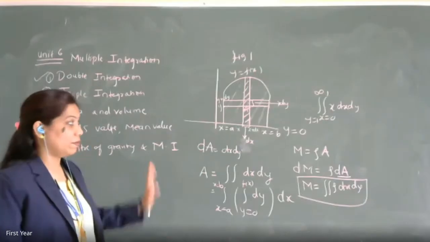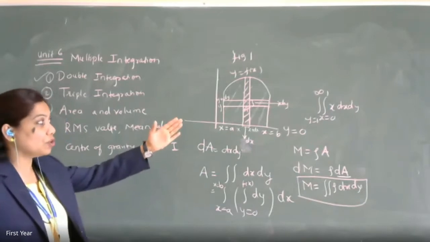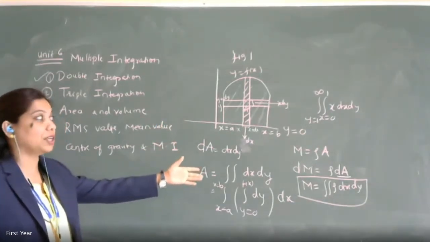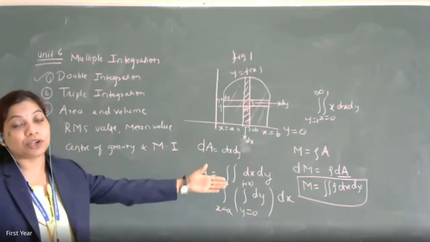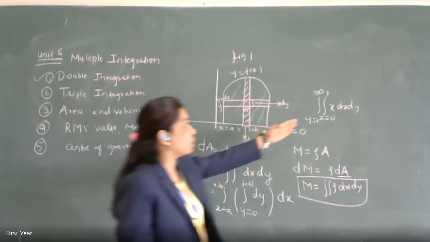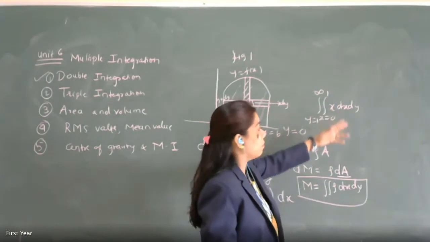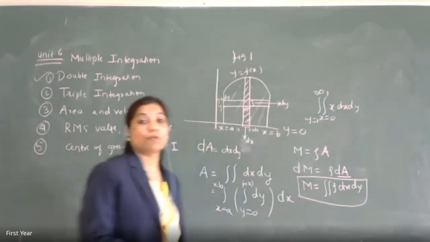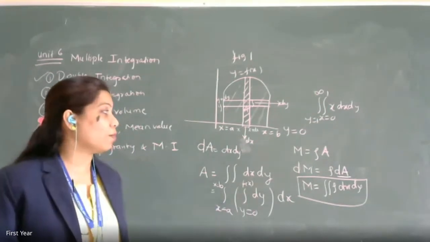So we are going to do this type of integration so you should understand. Area is just double integration dx dy, but mass can go into picture, where density can be a constant. If it is a constant, then there will be a number like 2, 3, 4. If it is a variable depending on x and y, that will be given in the question. So write down the formula for mass also.